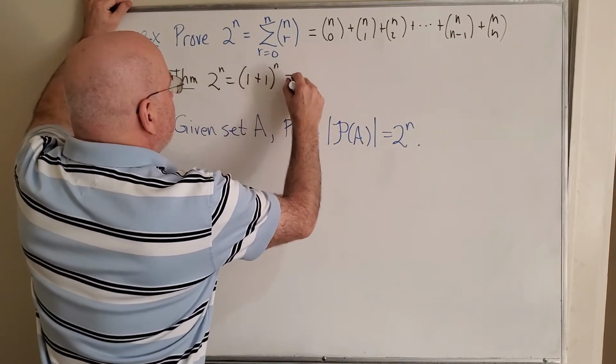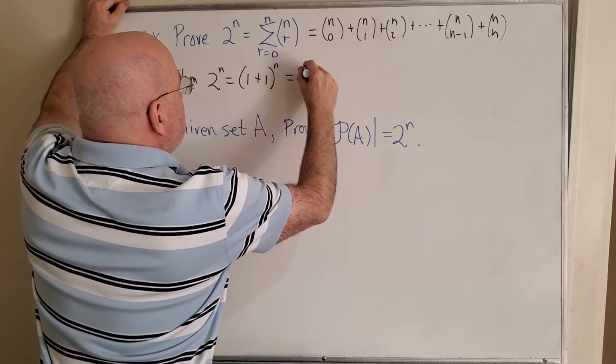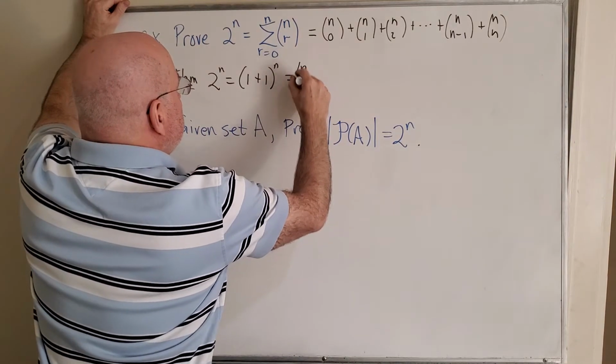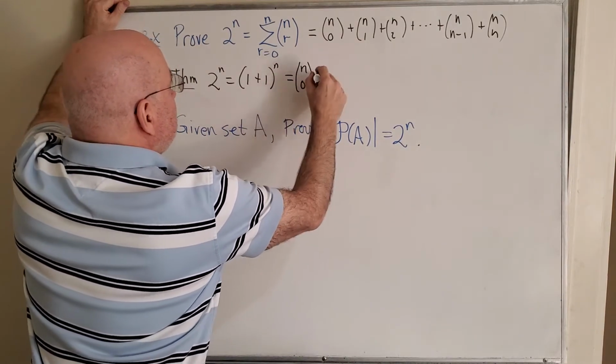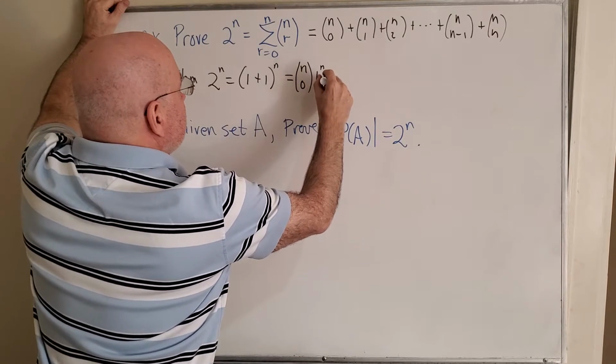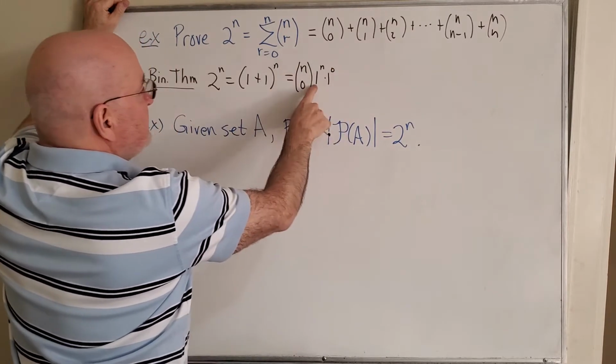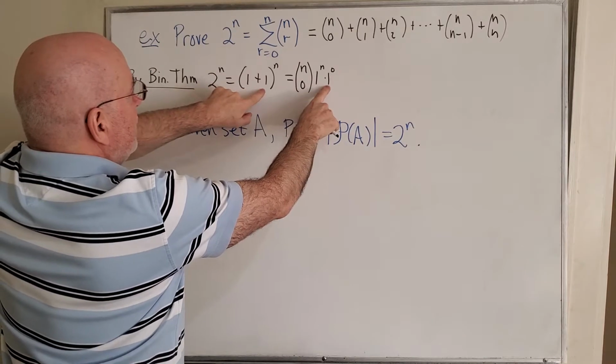The first term would be n choose 0, that's the coefficient, times 1 to the n times 1 to the 0. This n is the first one, and this is the second one.